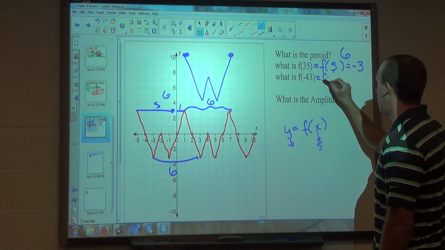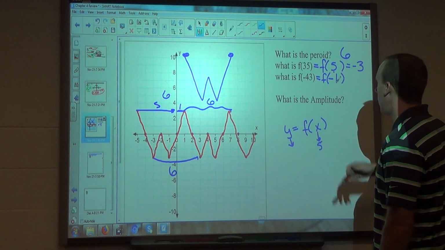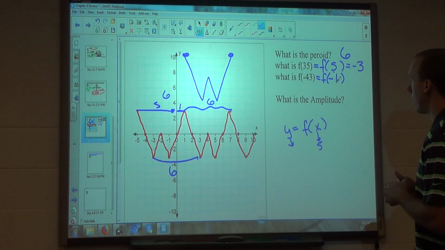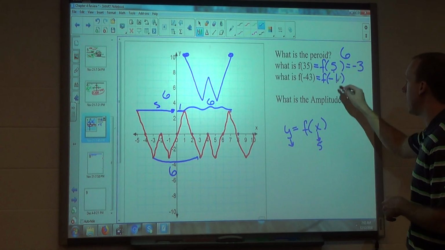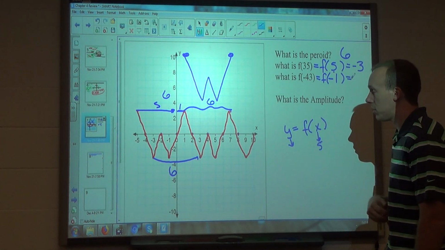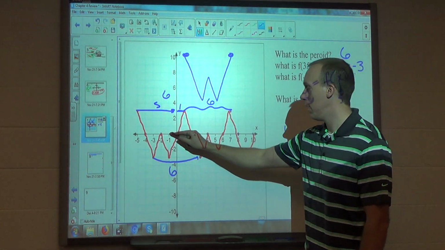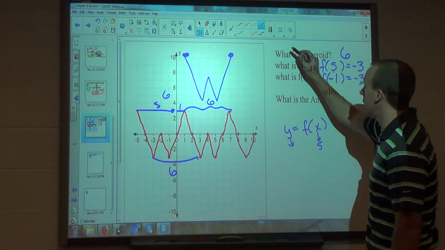If I'm at -42, I'm 1 away, so I actually would need a -1 then to get to -43. So f of -42, 1 more away would be -43, so it's f of -1. Okay, so then that means I'm looking for my height at -1, so go over to -1 on the x-axis, and then go to the height there, and my height is also -3.